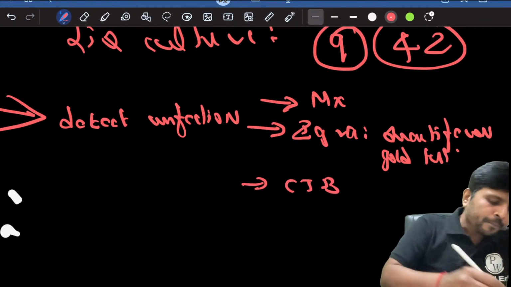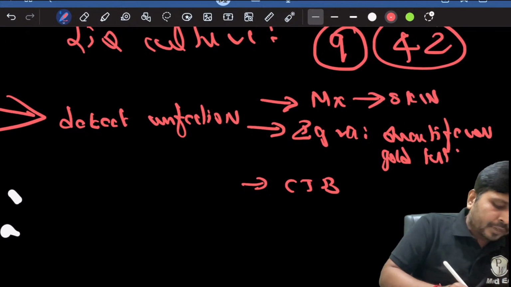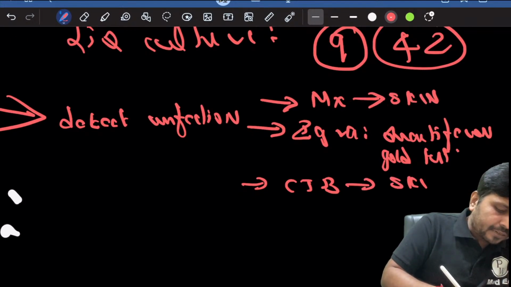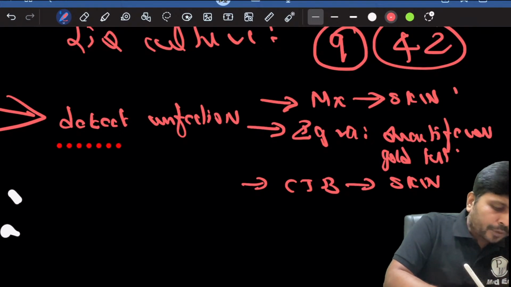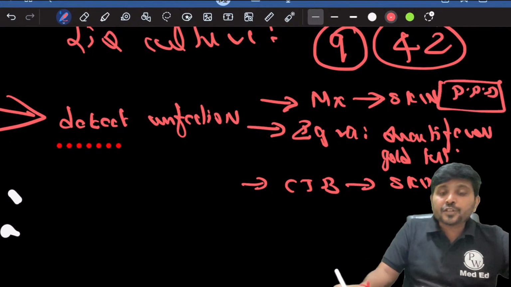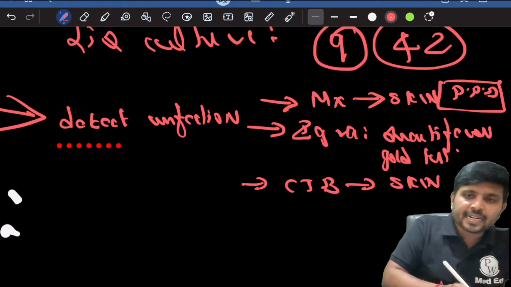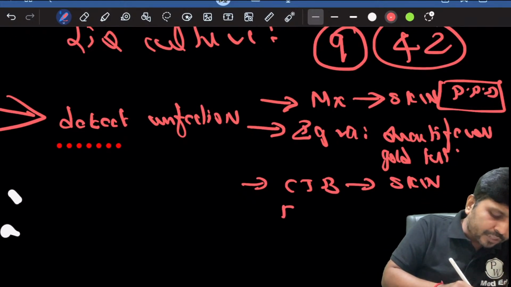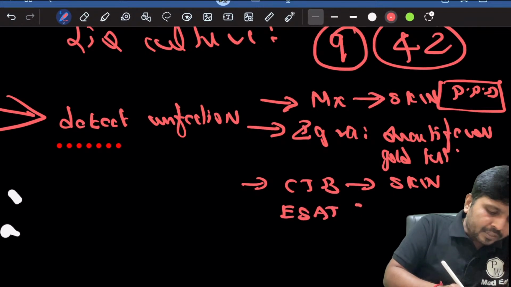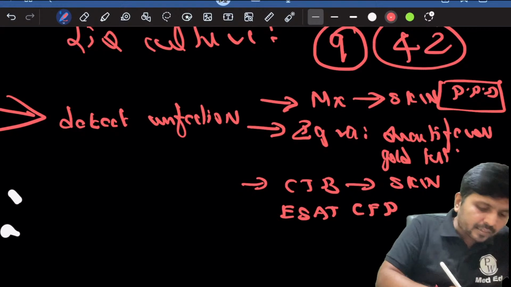Mantoux is a skin test, and CTB is also a skin test. In Mantoux you use PPD, purified protein derivative, which is not specific for Mycobacterium tuberculosis, whereas in the CTB test you use ESAT and CFP, which are TB specific antigens, so this is specific.